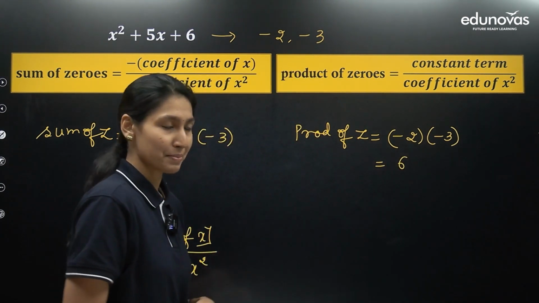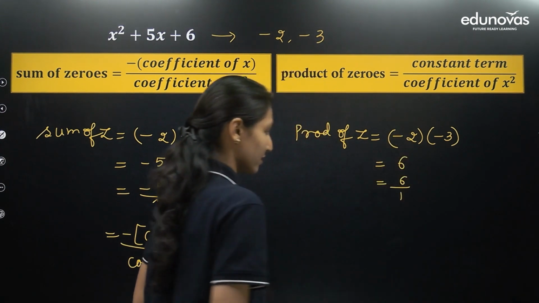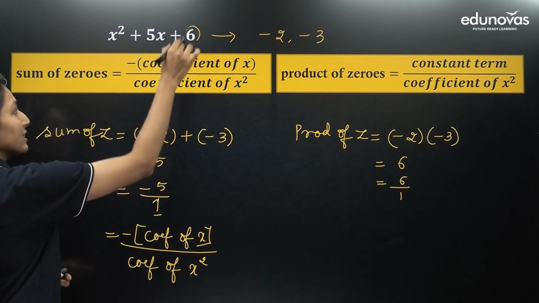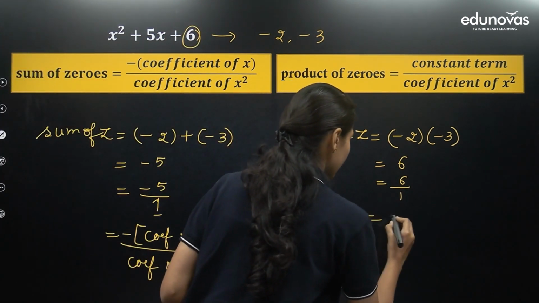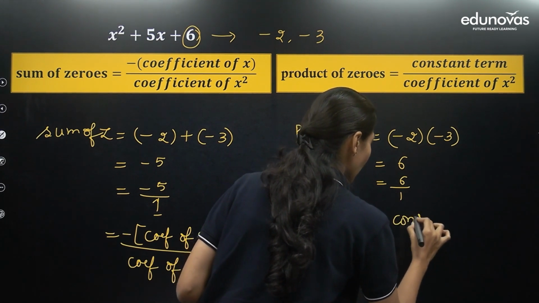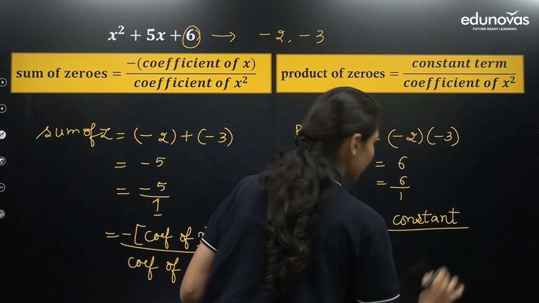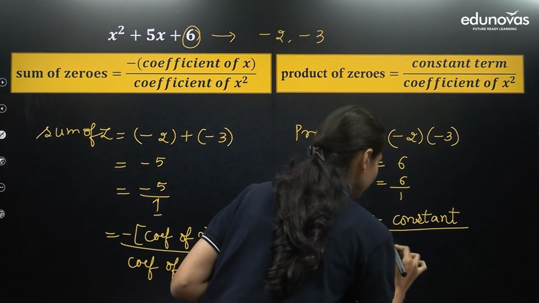Now 6 can be written as 6 by 1, isn't it? What is 6? It is the constant term in the given quadratic polynomial. Over, again, what is 1? It is the coefficient of x square.